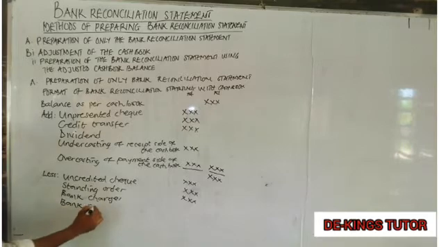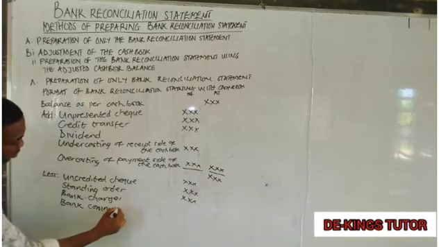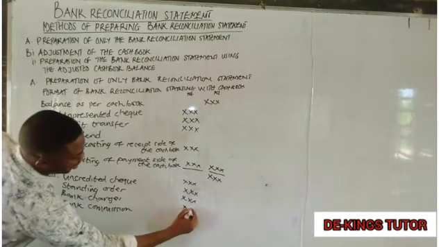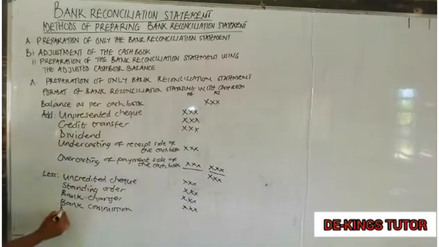After you add up all this, you have a value here, which you now deduct from the balance above. So you have a value.